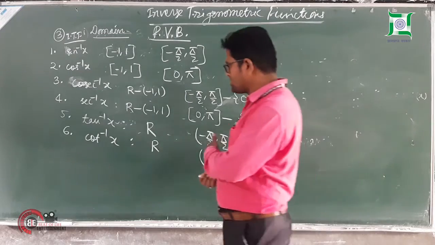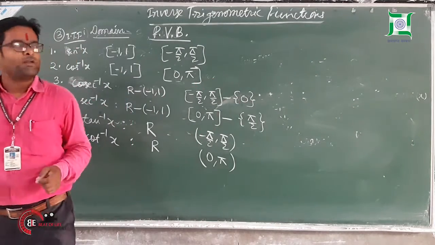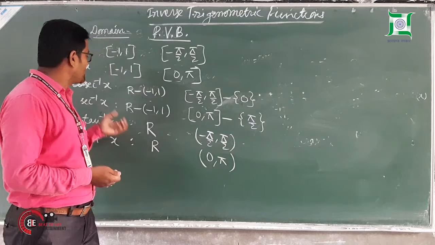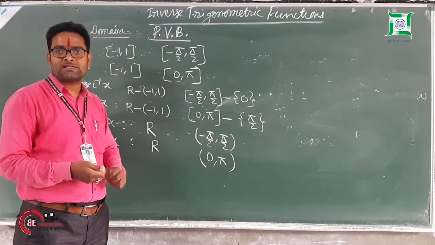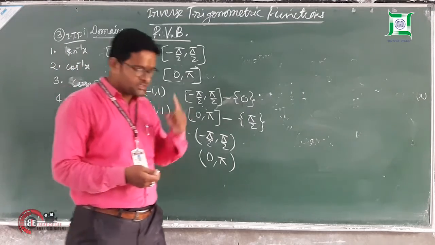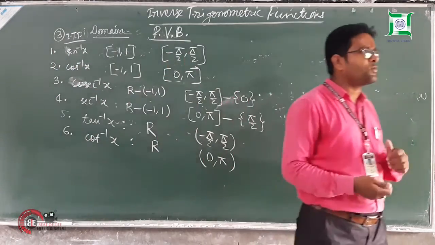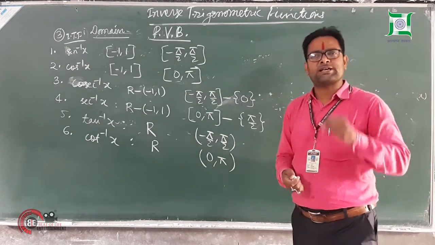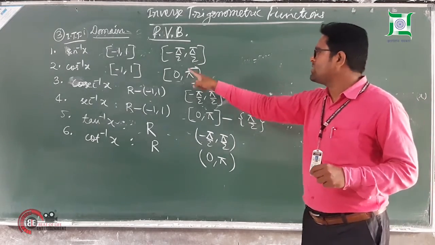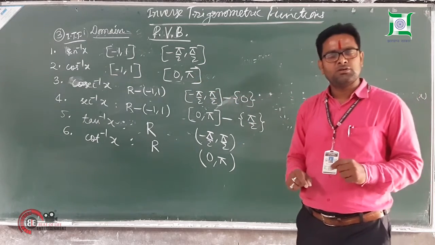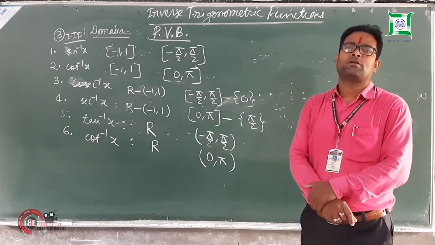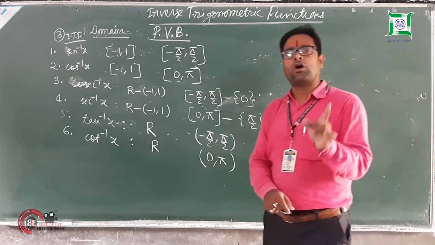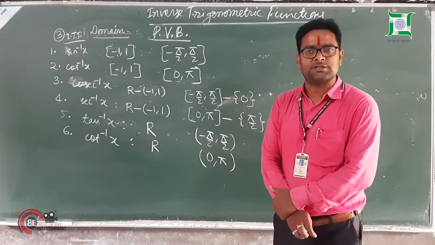My next topic will be how to evaluate inverse trigonometric functions as their principal values. This is your first target, to understand what is principal value. All the values of x which are lying under these principal value branches will be known as principal values for all those inverse trigonometric functions.